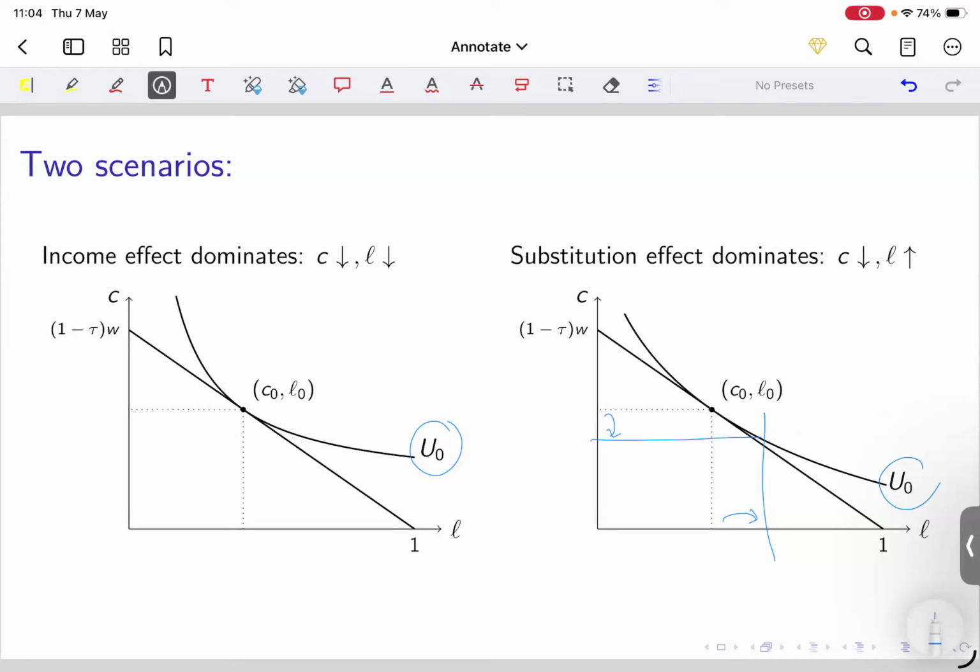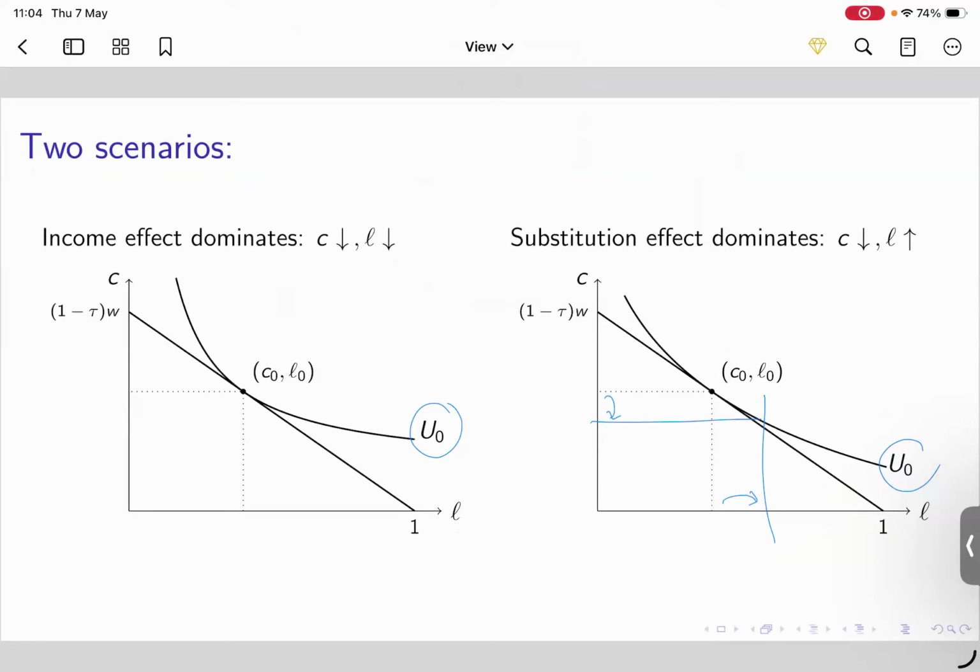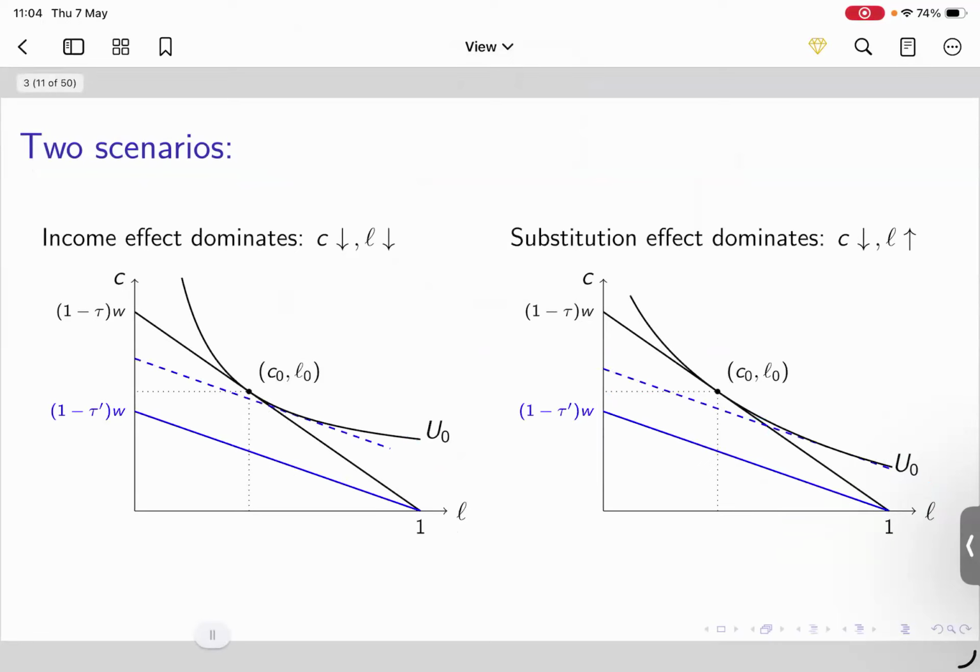Okay, so how does this work? Same steps as before. So, increase in tax rate. This gives me a flatter budget line. Of course, my x-intercept is still at 1 because I can still decide not to work. And if I don't work, I'm not taxed. And I just spend my whole day on the couch and eat nothing, right? So it's flatter.